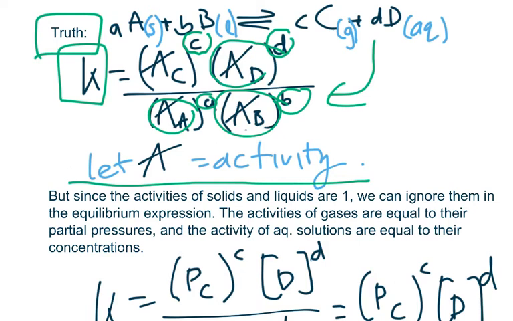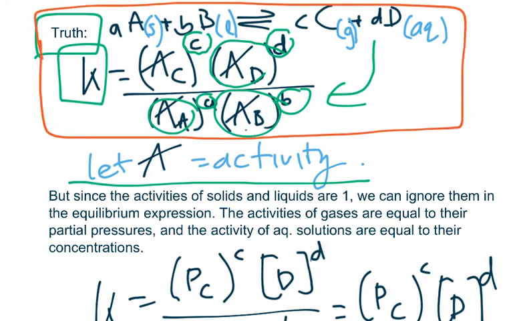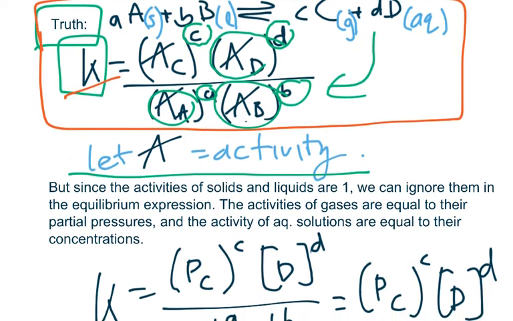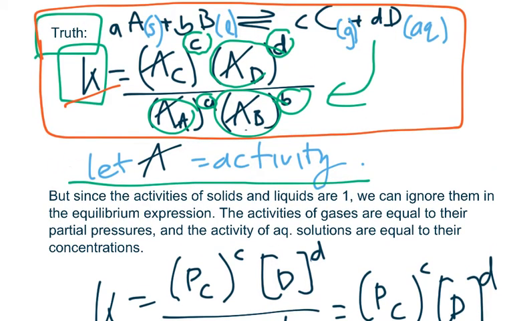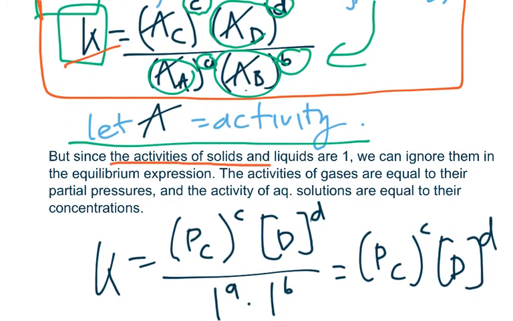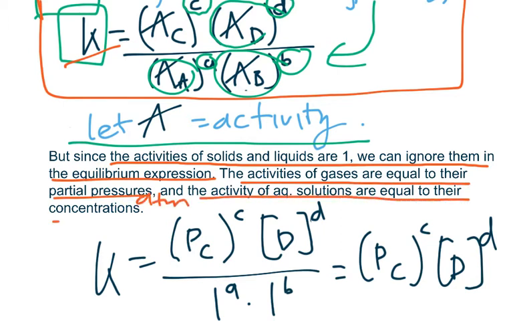So over here, this is the true equation for the equilibrium expression K. But we can substitute these for simpler things that are easier to find. Since the activities of solids and liquids are 1, we can ignore them in the equilibrium expression. The activities of gases are equal to their partial pressures in atmospheres, and the activity of aqueous solutions are equal to their concentrations in molarity.